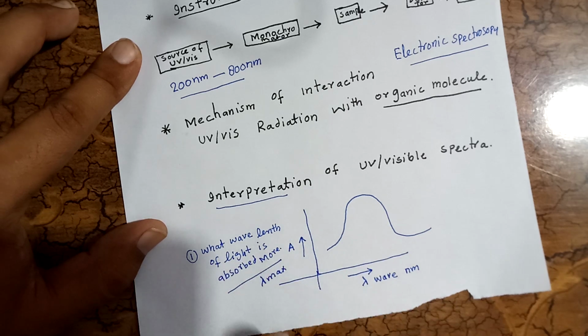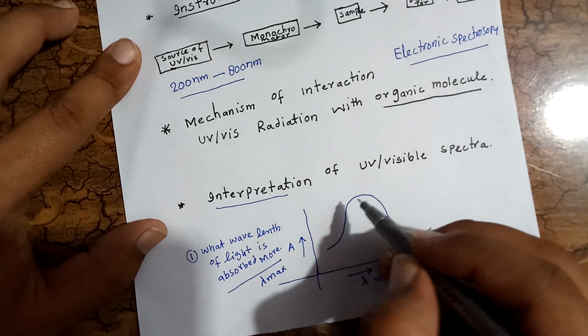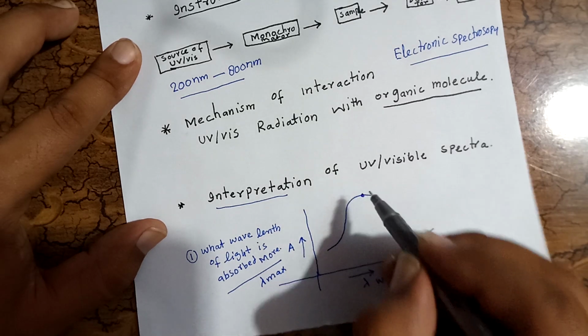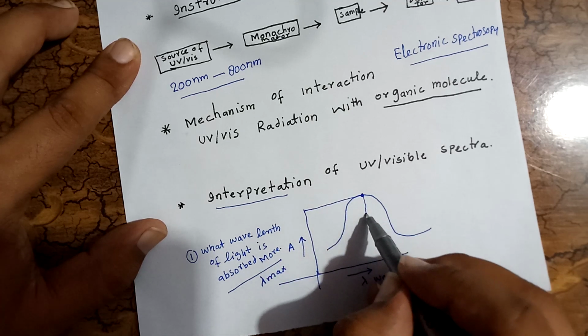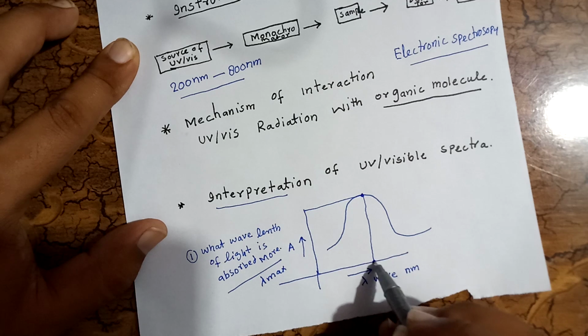So lambda max is the wavelength at which maximum absorption occurs. Maximum absorption occurs at this wavelength.